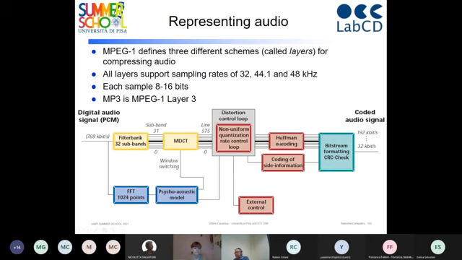Now, after compression, depending on how much information you can throw away, you can transform your sound into a stream that goes, let me say, from 32 kilobits per second up to not just 192, but 256 kilobits per second, depending again on how much information you want to throw away.